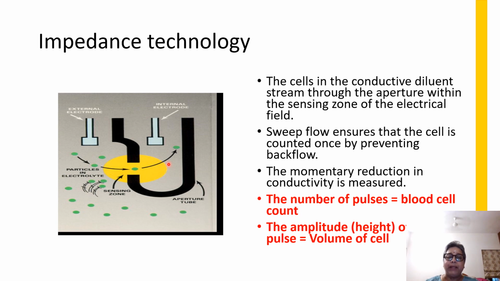So the number of pulses generated will be equal to the number of cells that have passed through the sensing zone, and the amplitude or the height of the pulse will give you the volume of the cell. So this is a very basic principle of impedance that is used in our cell counters, through which we understand the number of cells present and the volume of cells, and even based on this, the cells can be classified based upon their volume.